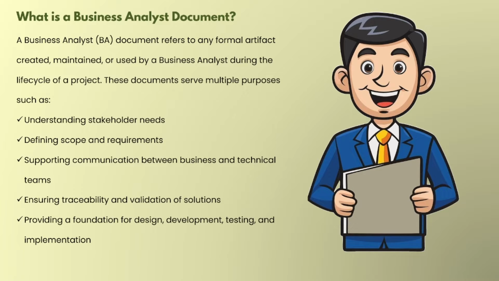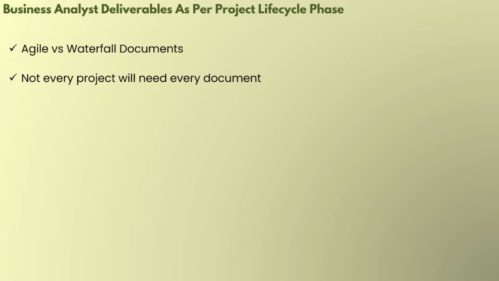So now let us see the various kinds of documents required as per project lifecycle phase. Before I start, let me clear 2 points. Documents depend upon the methodology you are using in your project or in your industry, like agile versus waterfall. These are both major methodologies used in industry nowadays.